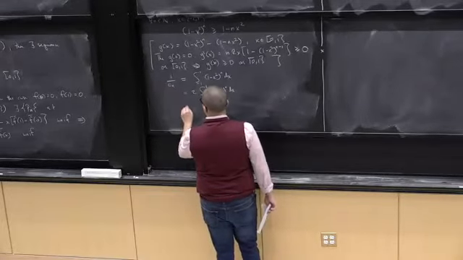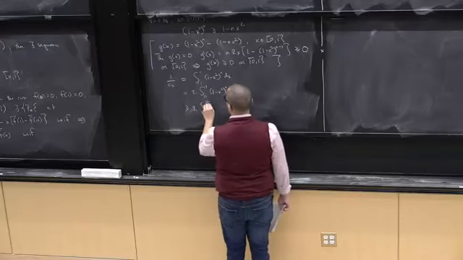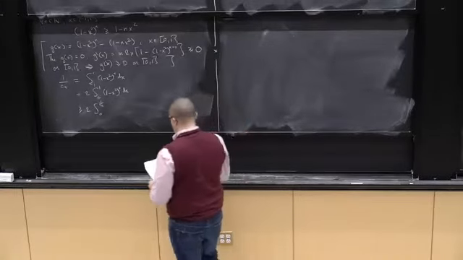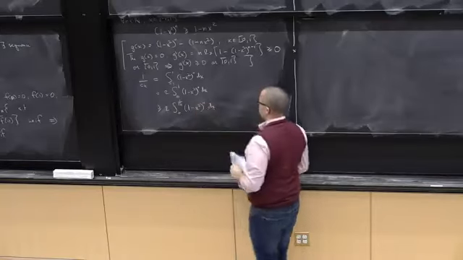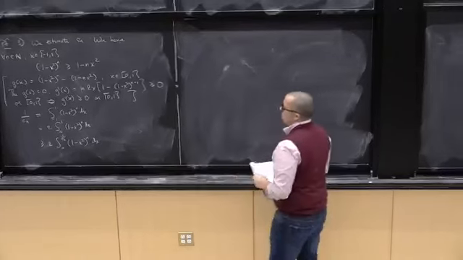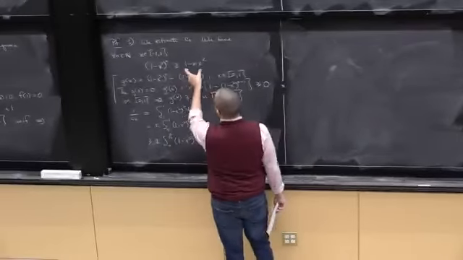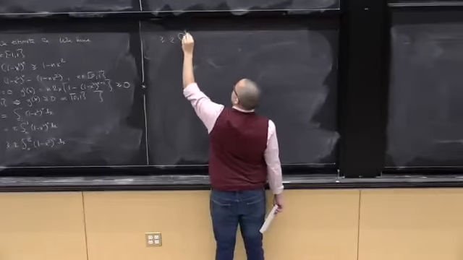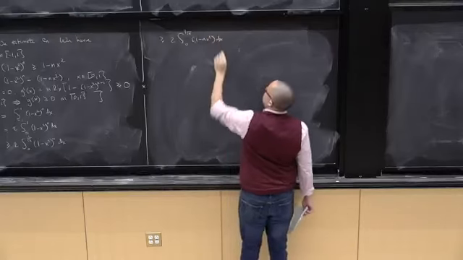Now, this is bigger than or equal to 2 times the integral if I integrate only up to a certain point. This point is chosen so that I get a pretty result in the end. Now this is where I replace this by the smaller thing, which is easy to integrate. So this is greater than or equal to 2 times the integral from 0 to 1 over root n of (1 minus n x squared) dx.